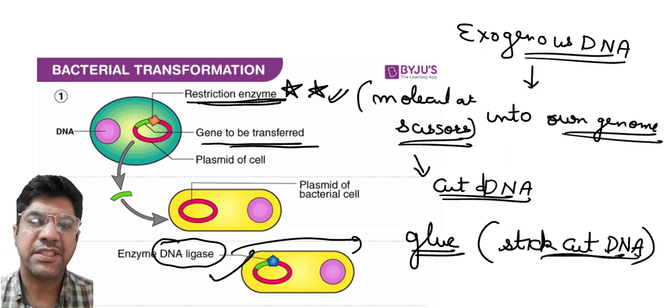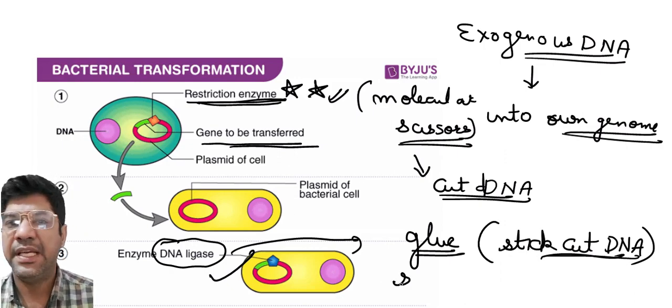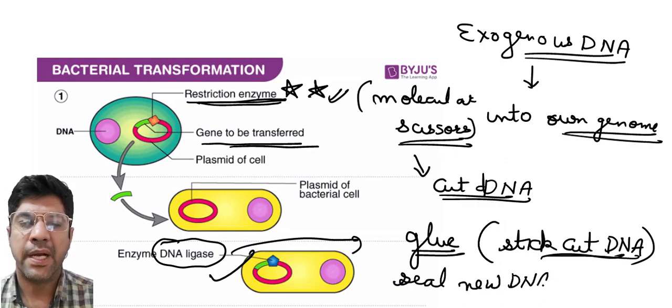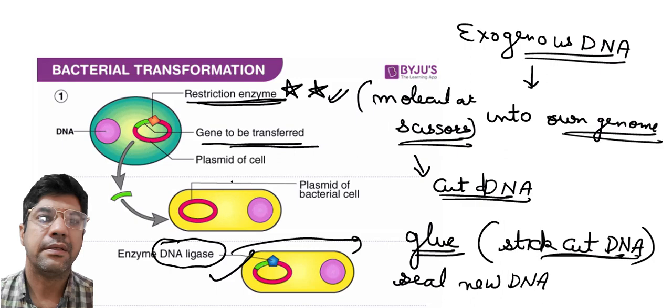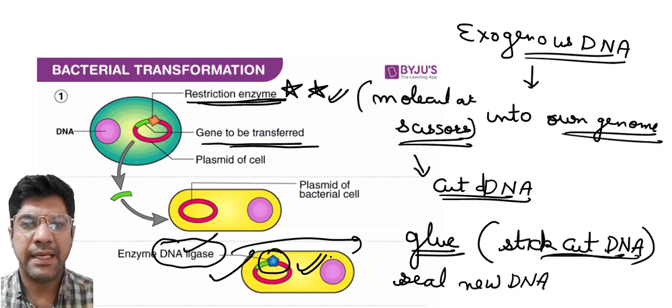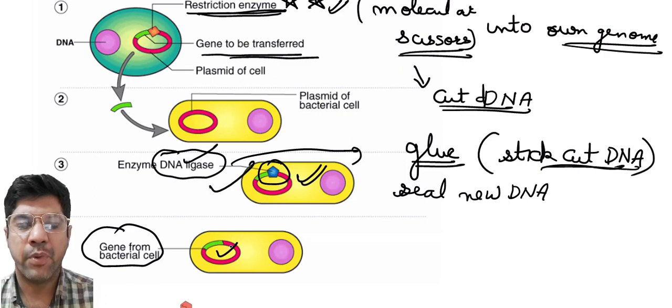After the restriction enzymes cut, DNA ligase helps to seal the new DNA into the bacterial DNA, creating one continuous piece of DNA. Once the DNA gets integrated, the new DNA may contain genes that the recipient bacteria can express. So transformation has important implications.